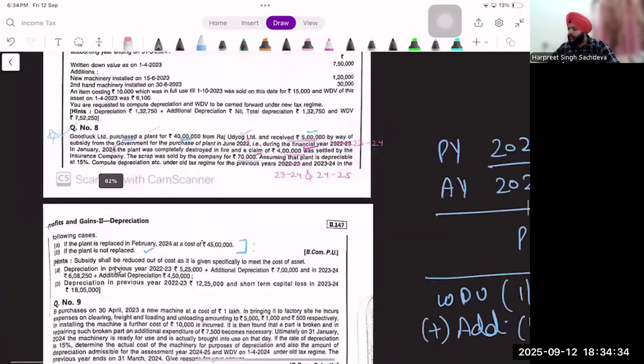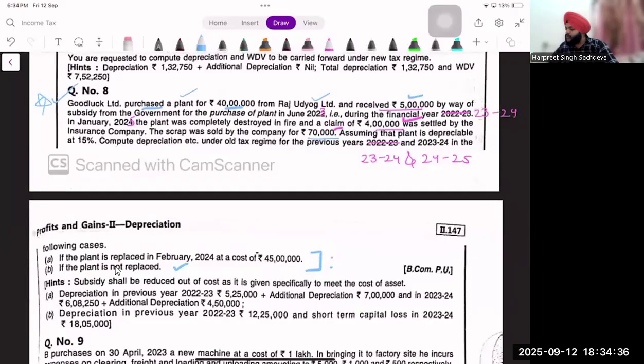But when the asset was destroyed, we got an insurance claim. It's similar to a sale. When a sale of an asset is done, the asset goes out and money comes in. In the same way, when an asset gets destroyed, the asset goes out and the insurance claim comes in. So we'll treat it the same. Instead of sale consideration, we will write insurance claim received.